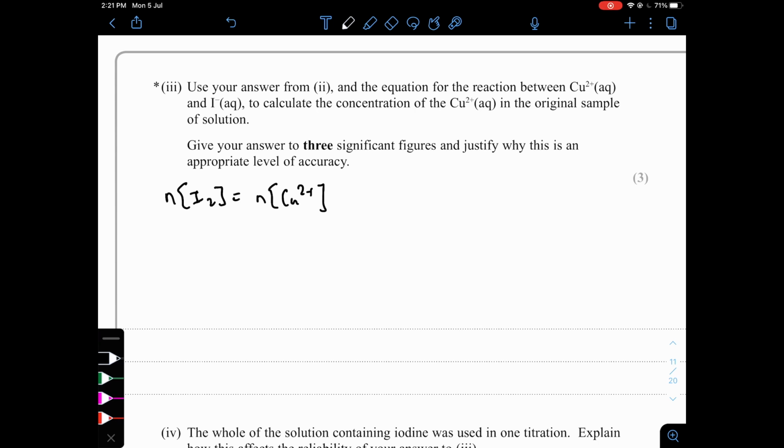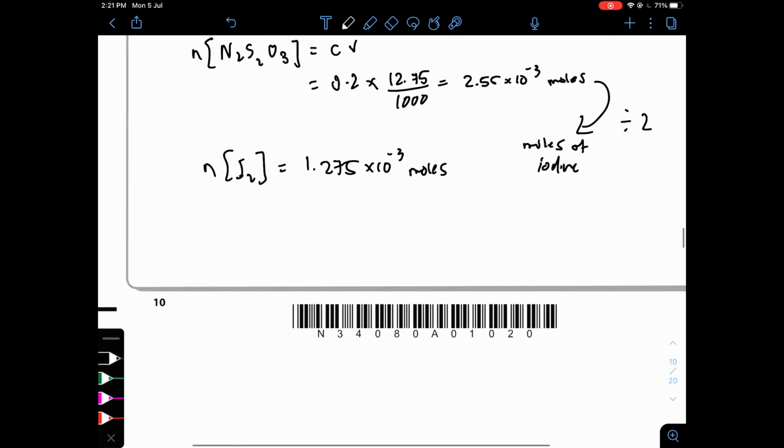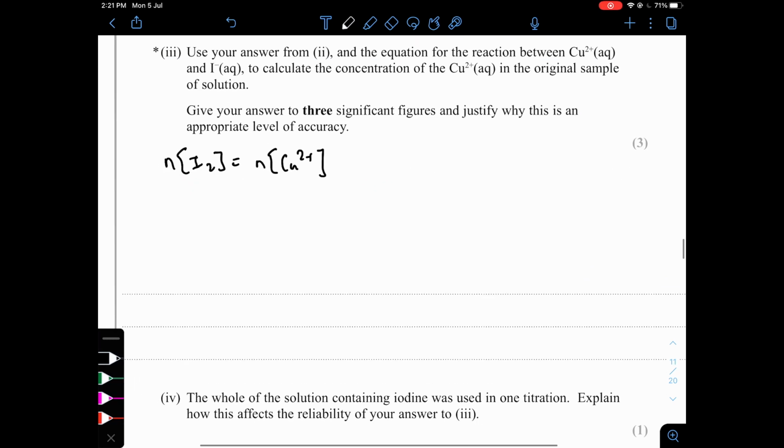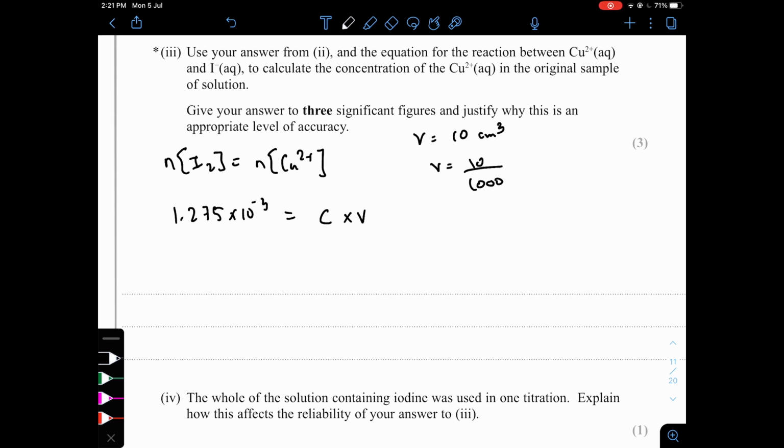the concentration. So we know this is 1.275 times 10 to the power minus 3 moles, equals what? We need to find concentration. So concentration times volume. We know the volume is 10 centimeter cubed. But we're dealing in dm cubed, so we have to divide it by 1,000.